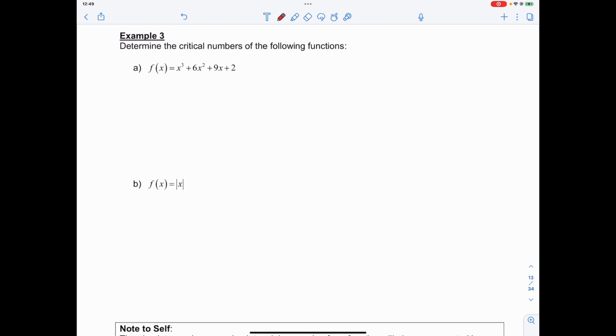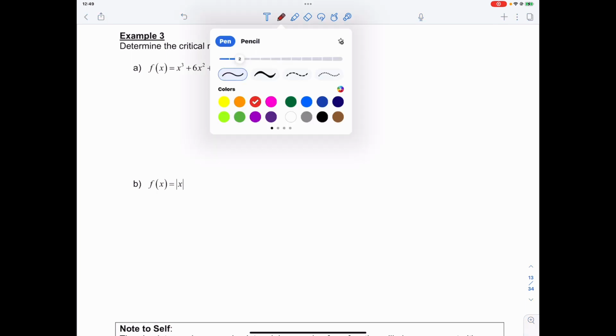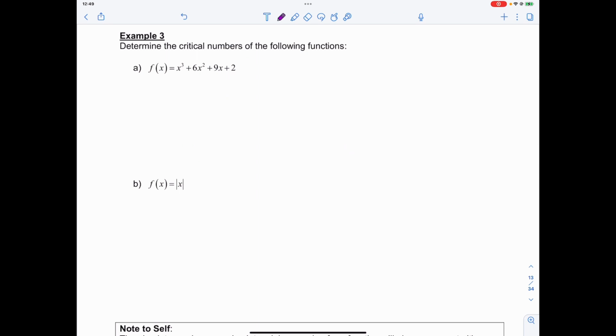So when it says determine the critical numbers of the following functions, all we're doing is we're going to take the derivative, f prime of x, for x cubed plus 6x squared plus 9x plus 2, which is just 3x squared plus 12x plus 9. The critical number is when f prime of x is going to equal 0, so we replace that with 0.